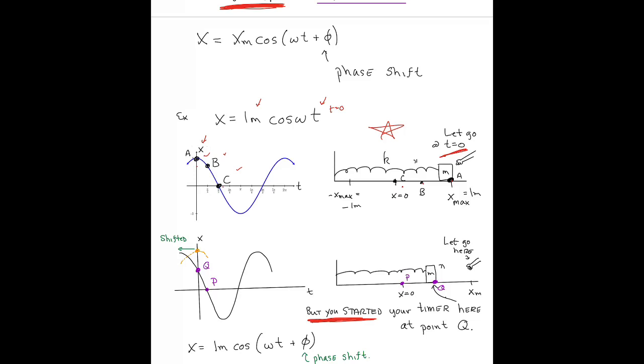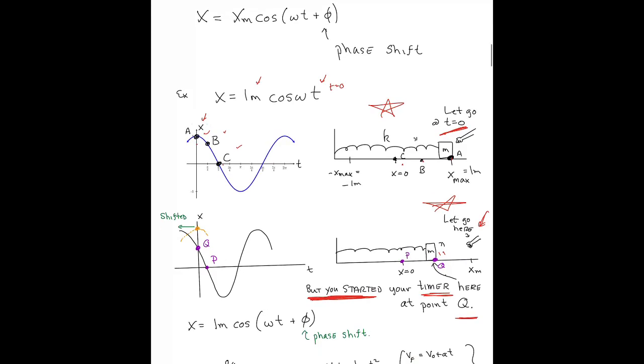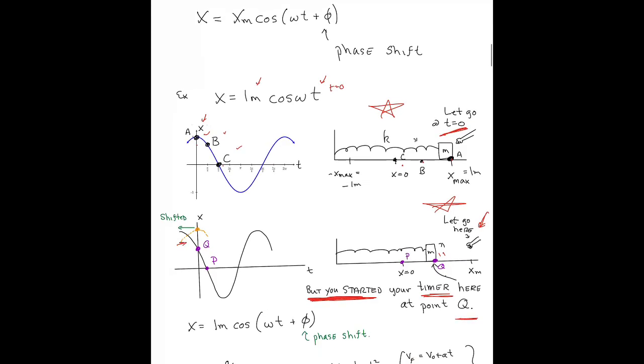Well, what if I let go at the same place, but someone didn't start their timer until this thing passed through point Q? That means the graph would look like this black line here.